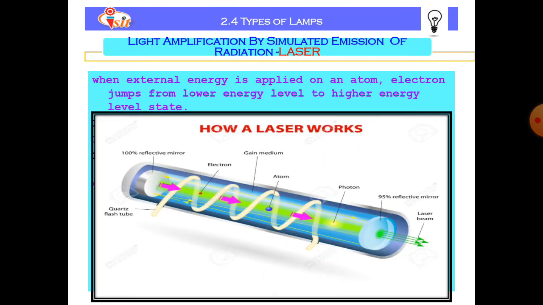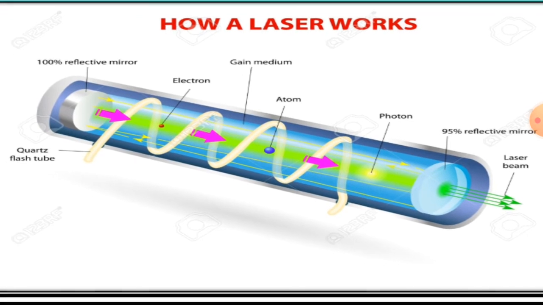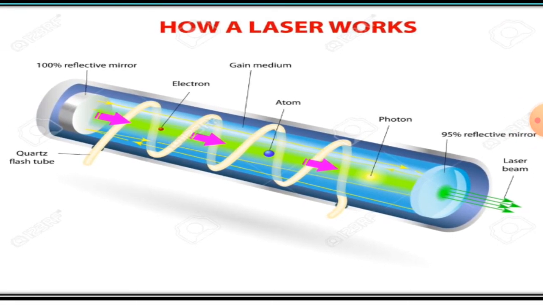So this is one of the diagrams which shows how it works. Here, in a cylindrical tube, atoms are present. If we subject that atom to a high electric field, then electrons get accelerated to a high energy level.